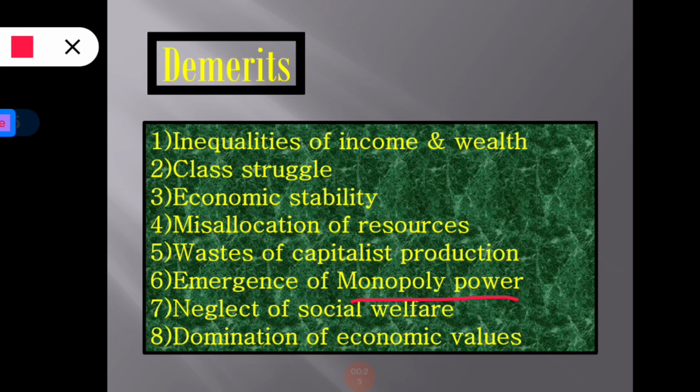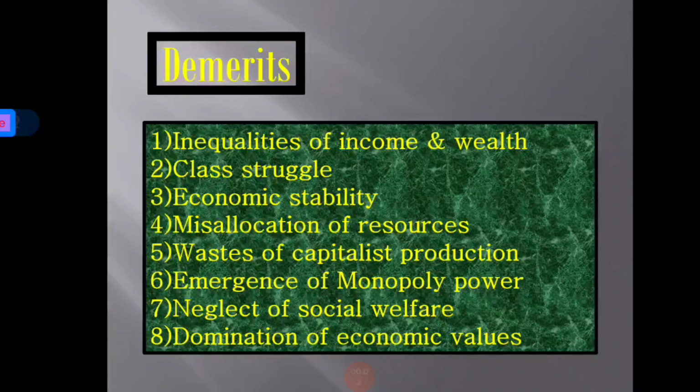They are also responsible for the maldistribution of productive resources and concentration of economic and political power. Now going to the seventh one, that is neglect of social welfare. In a capitalist economy, production is undertaken to maximize private profit. Therefore, the goal of maximization of social welfare is totally neglected.